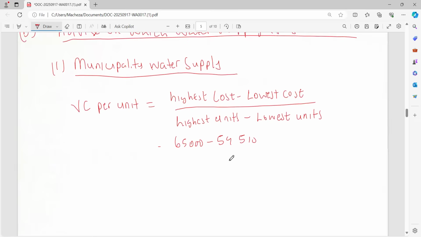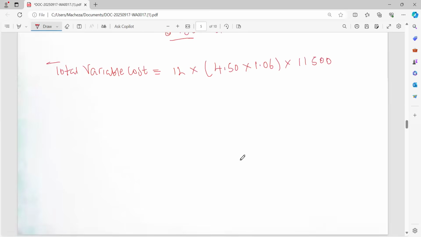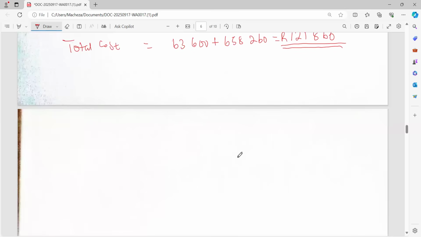Right, so let's see how we put it on paper. So this is our bore. It's our bore water. Right, so that's our bore supplied water.